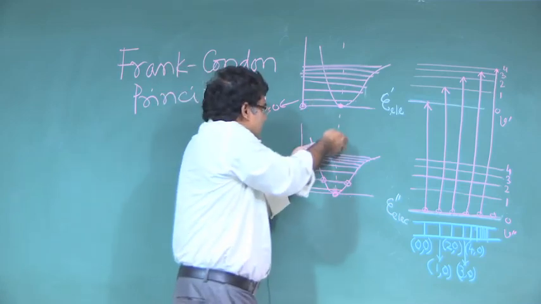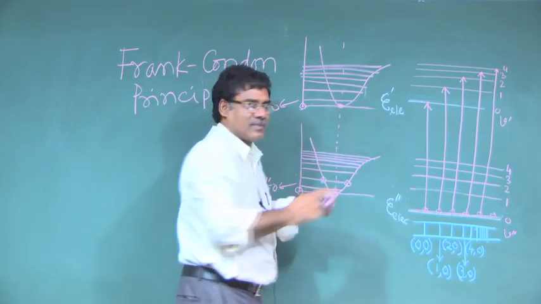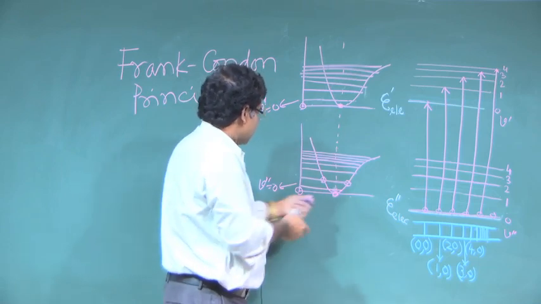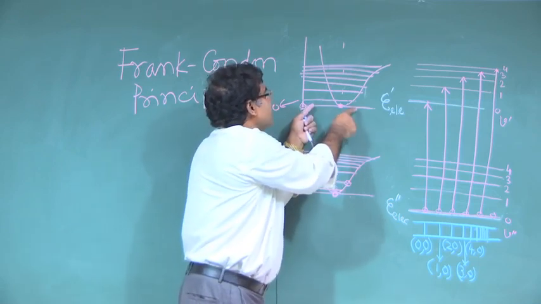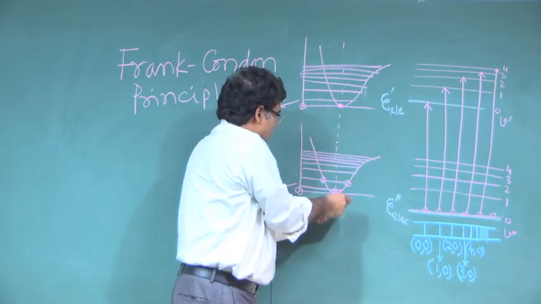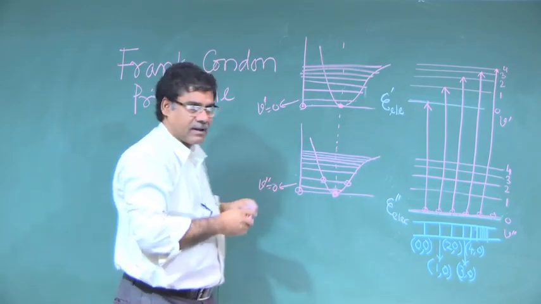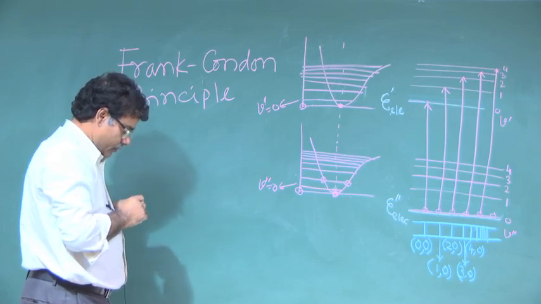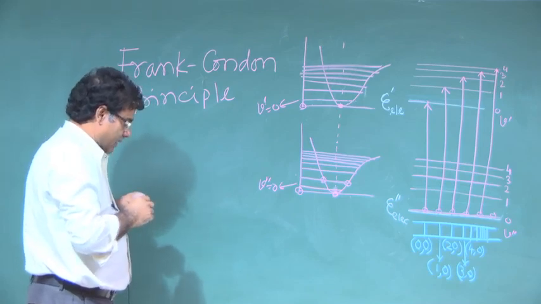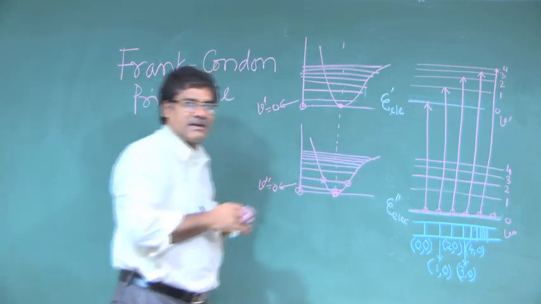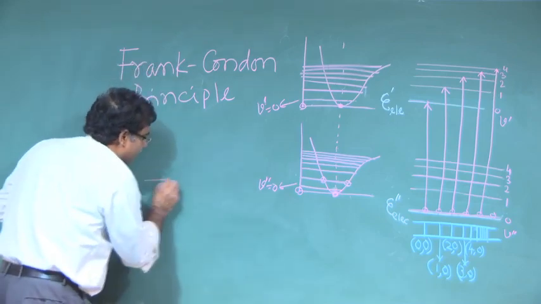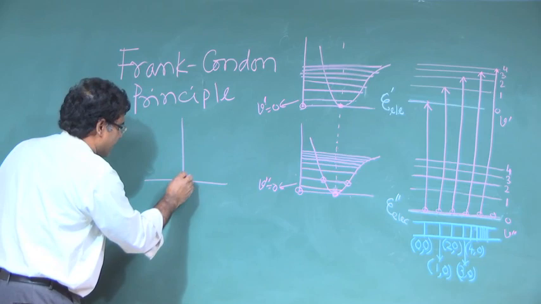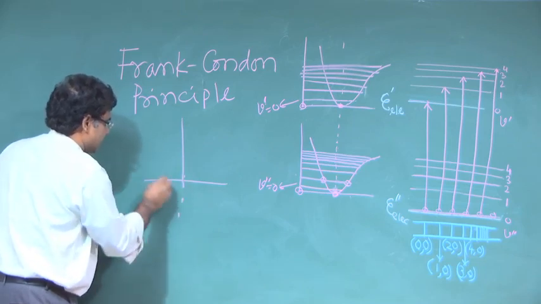Now if this is the situation during electron transition, what is the spatial probability? If we consider a harmonic oscillator and draw the wave function or probability function, it varies like this.